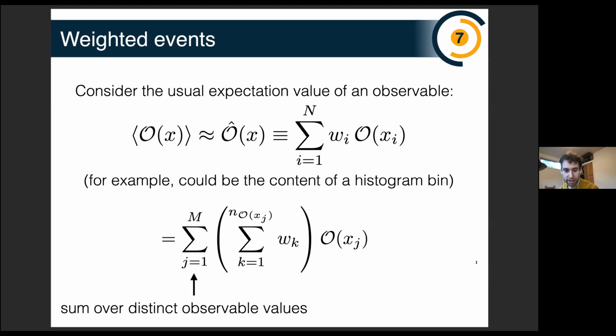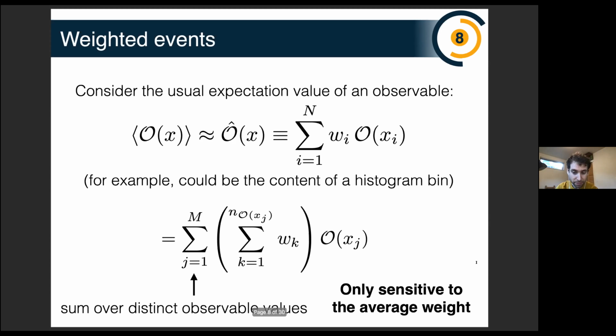If you write the sum like this, where the inner bracket sums over all the N_O events that have the same value of the observable, you can see that we're only sensitive to the average weight. The quantity in parentheses is basically the average weight. So for the observable, which is all that we're sensitive to, we don't care about the distribution of weights. We only care about that sum, which is equivalent to the average.